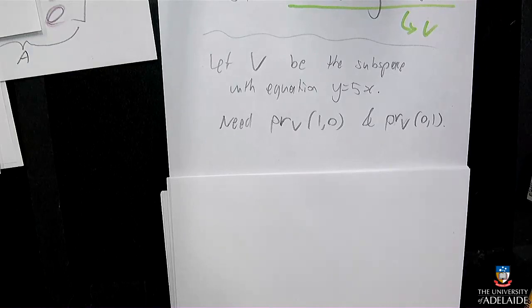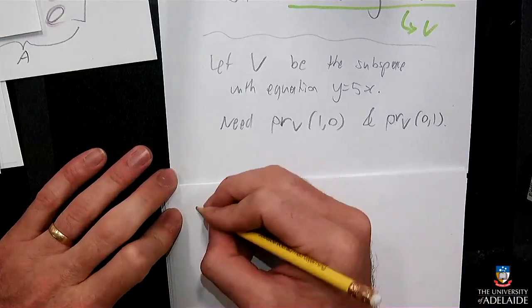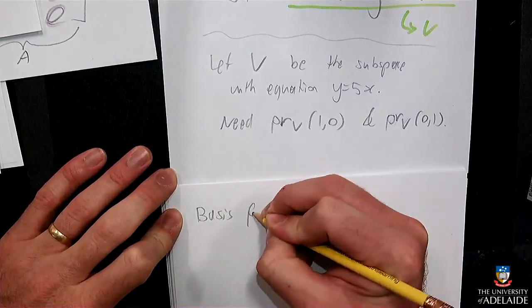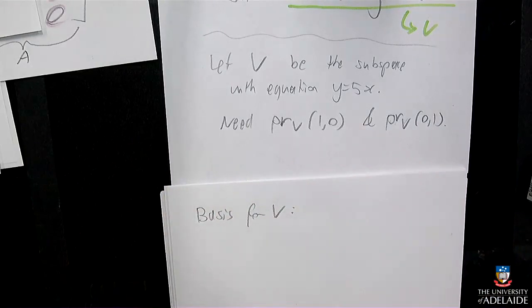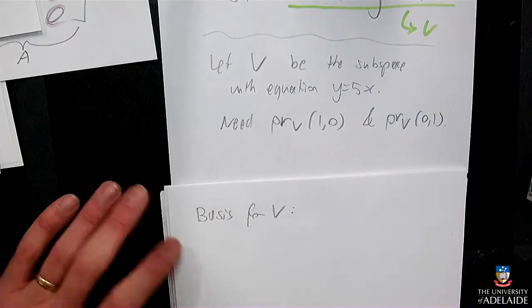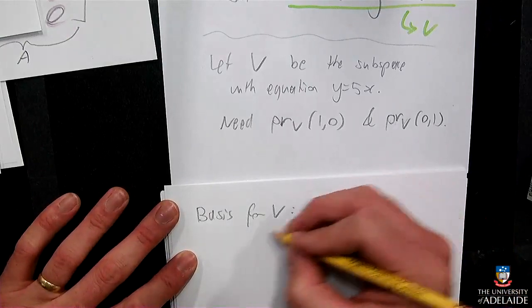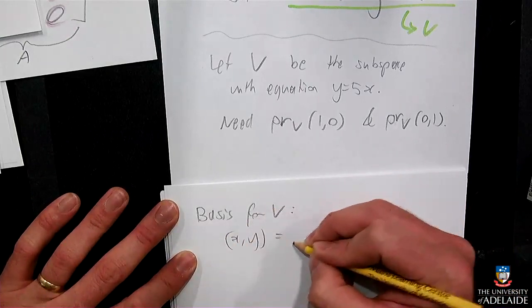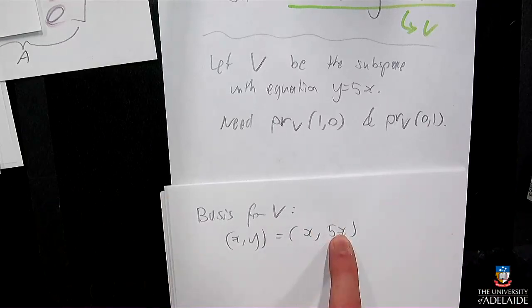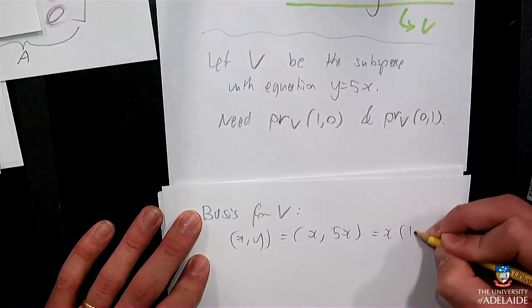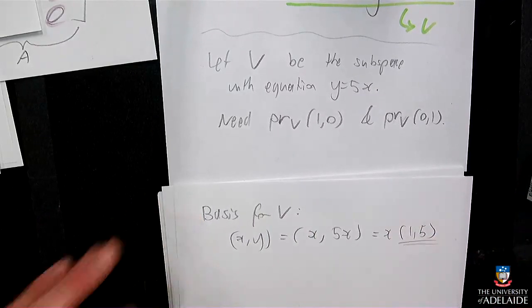My subspace currently has an equation, so I'm going to first need to find a basis for V so that I can find an orthonormal basis for V. So, okay, V is made of all the vectors that have y equals 5x, and so if y is 5x, I can replace the y with 5x, which is x times (1, 5), and so (1, 5) is a basis.